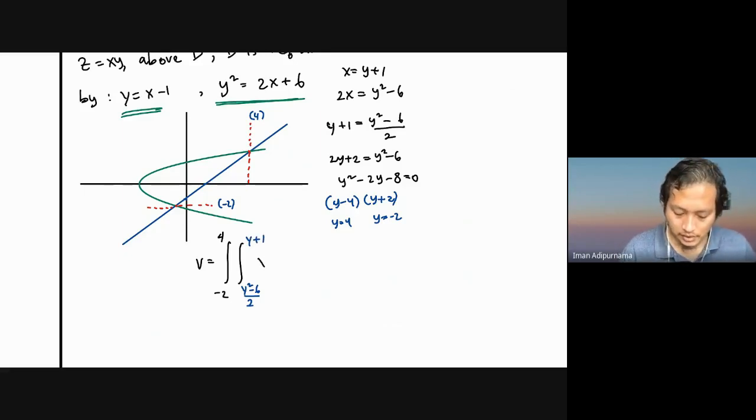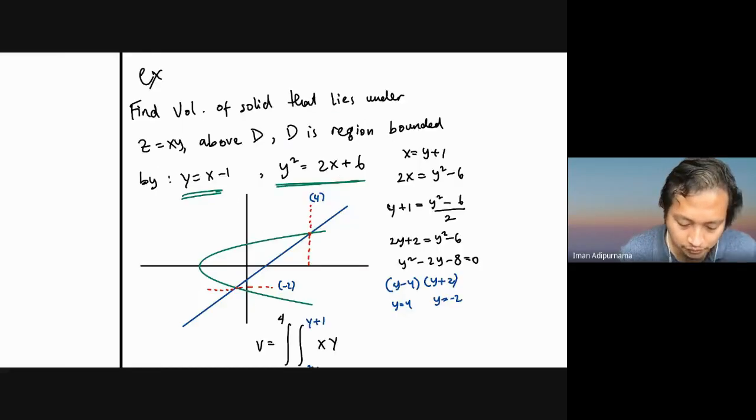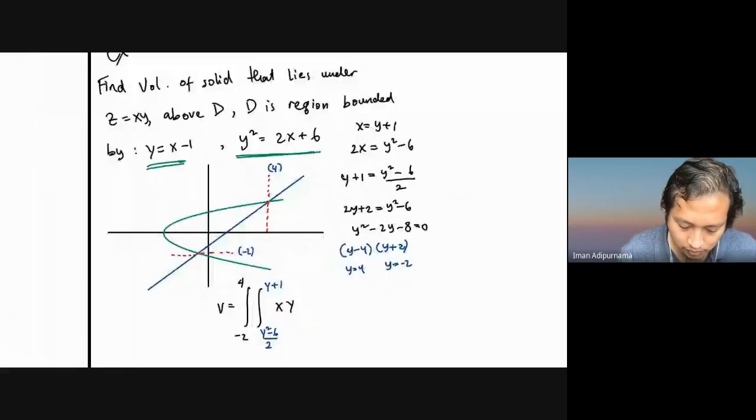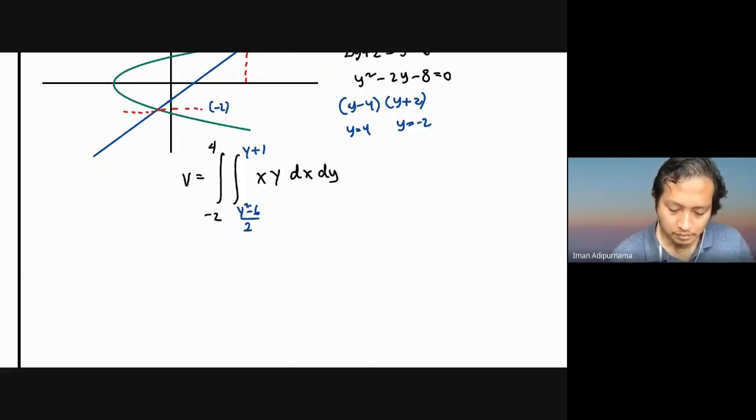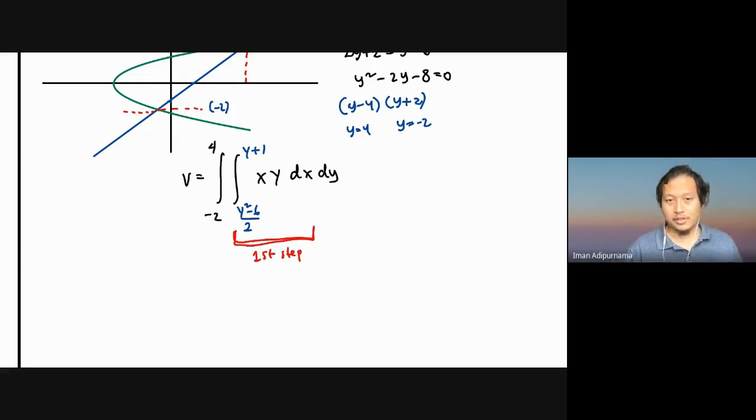Okay, and the function is z equal xy, and then dx dy. So you can start by taking this integral first. But I think I will skip the process. You can do that by yourself.